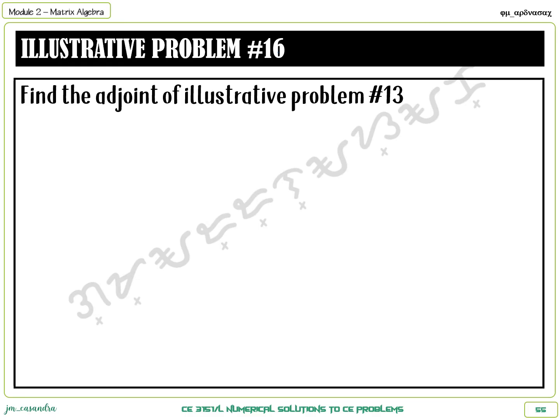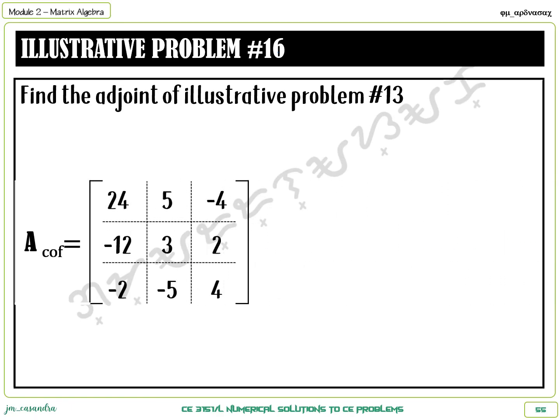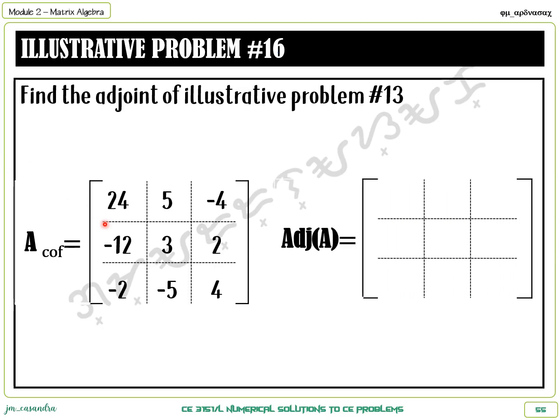Okay, so let's have number 16. Determine the adjoint of problem number 13. In number 13, we were able to compute the cofactor matrix. Once you have computed the cofactor matrix, just get the transpose. We have discussed it already. So the adjoint will simply be equivalent to the first column, we have 24, negative 12, negative 2.